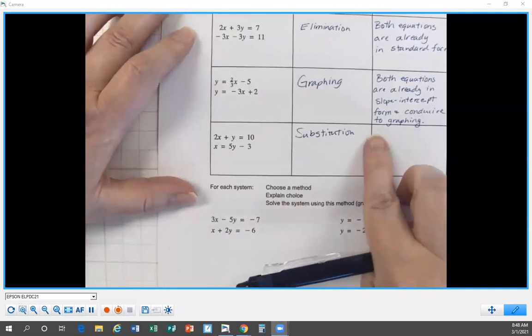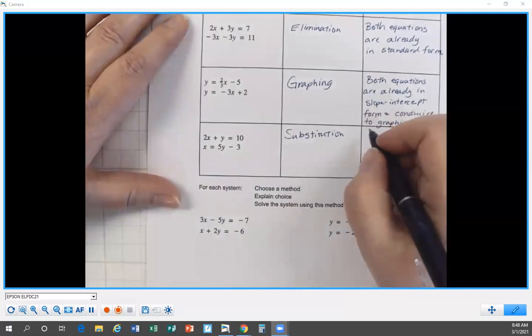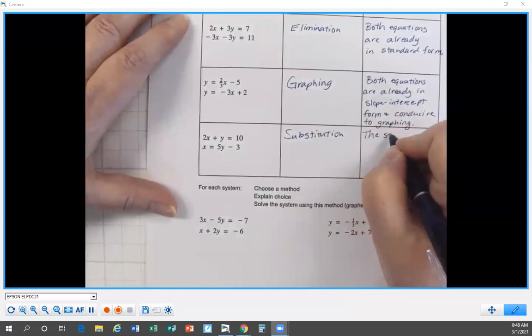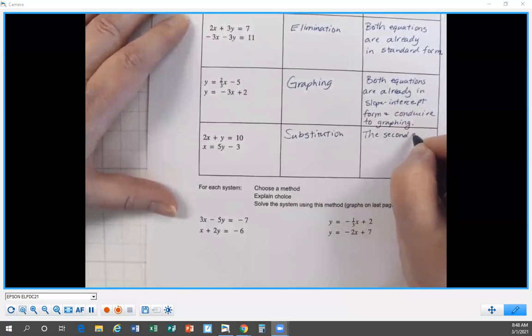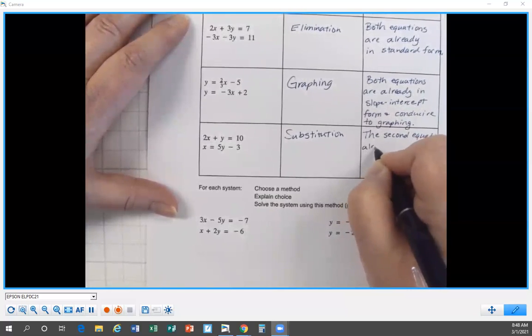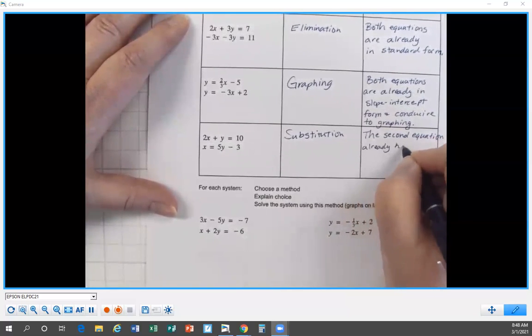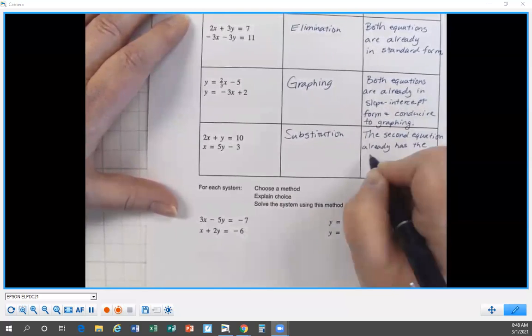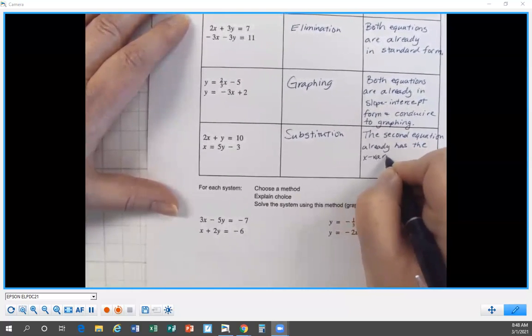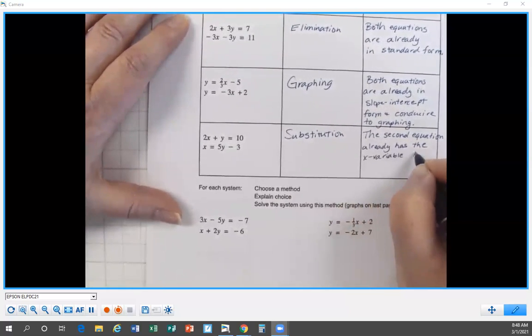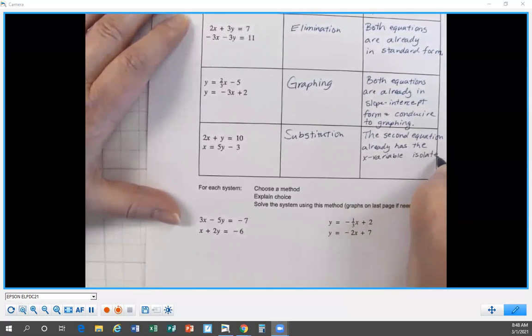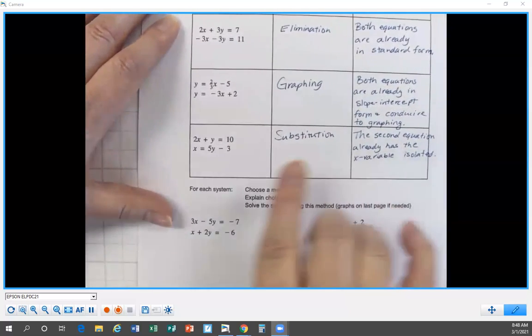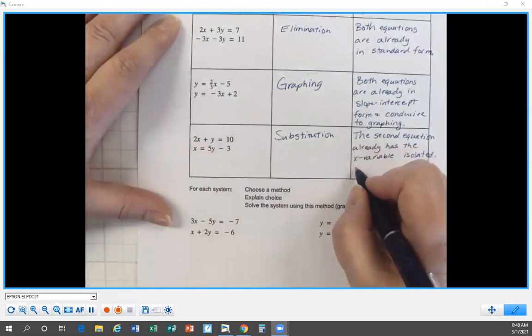Okay, so the second equation already has the x variable isolated. Okay, this makes it easy to substitute into the first equation.